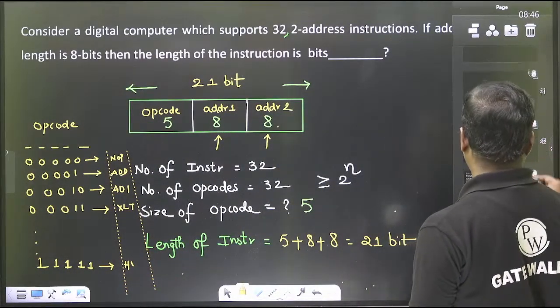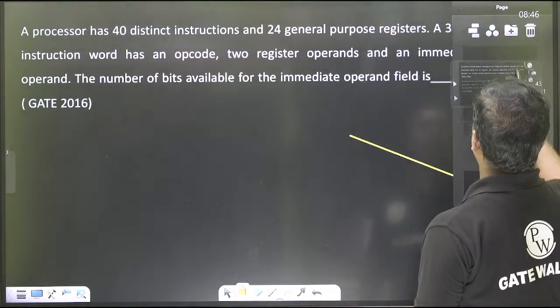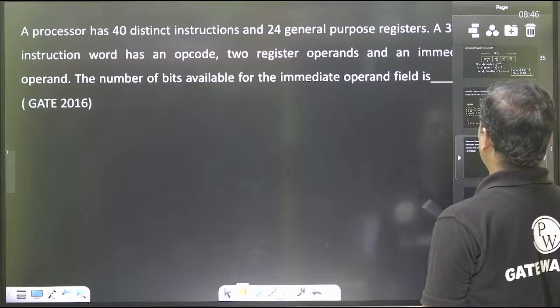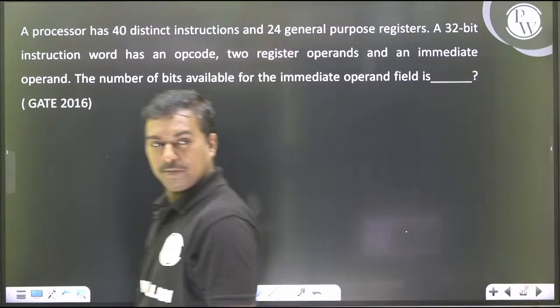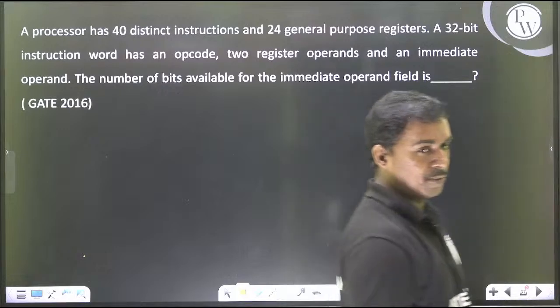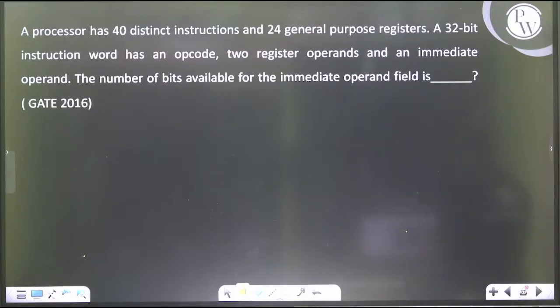Let us go for the next question. This is a GATE 2016 question. Try to answer this. A processor has 40 distinct instructions and 24 general purpose registers. A 32-bit instruction word has an opcode, 2 register operands and an immediate operand.